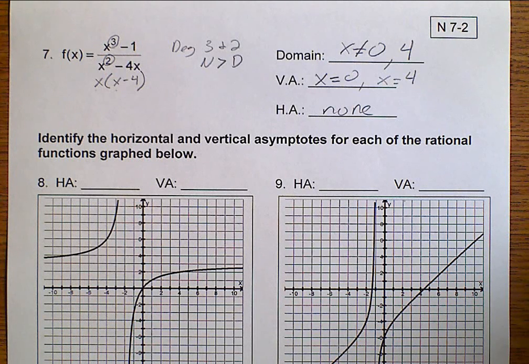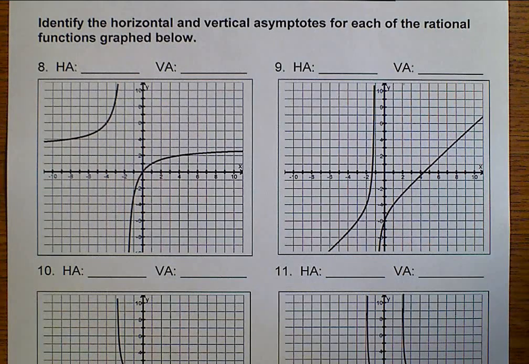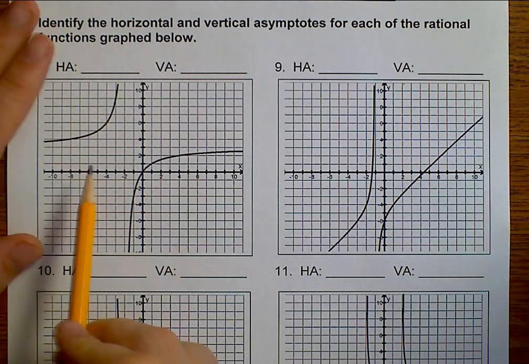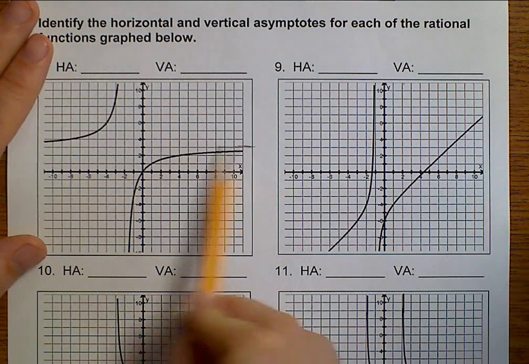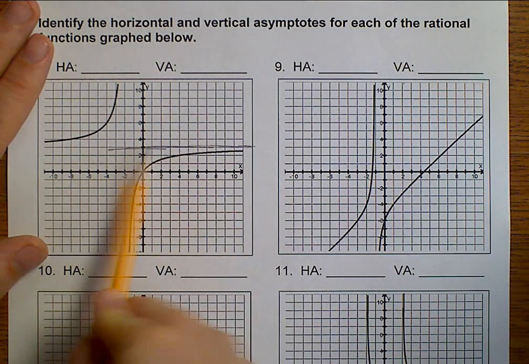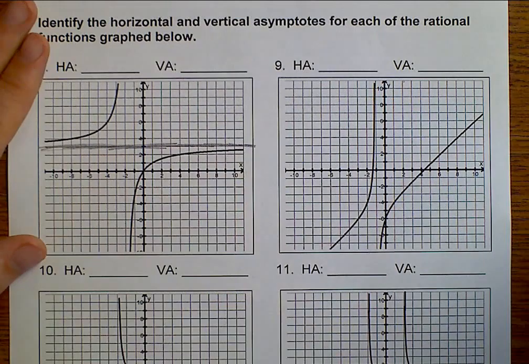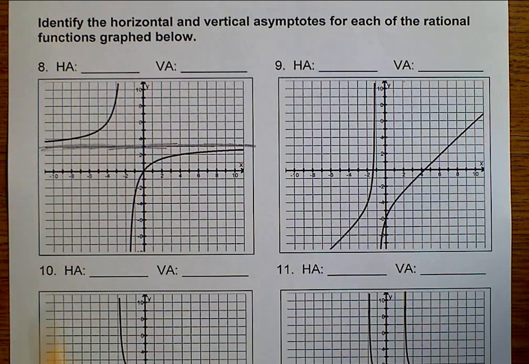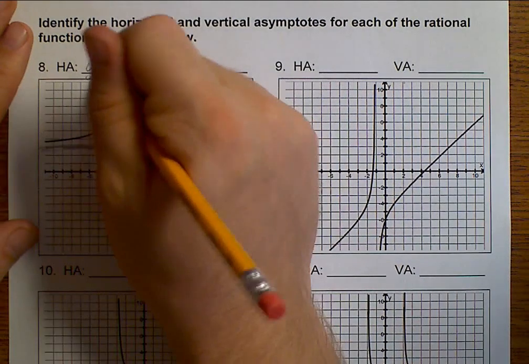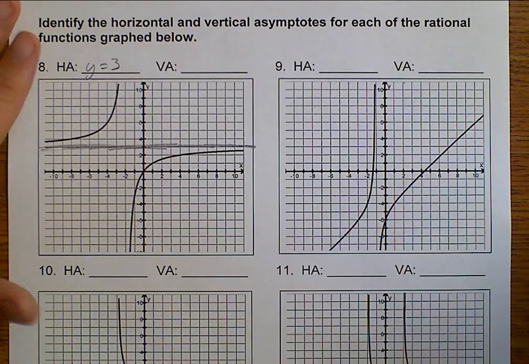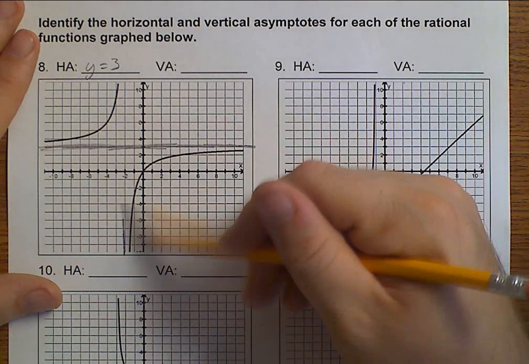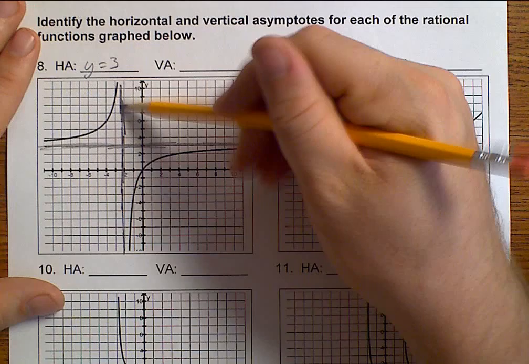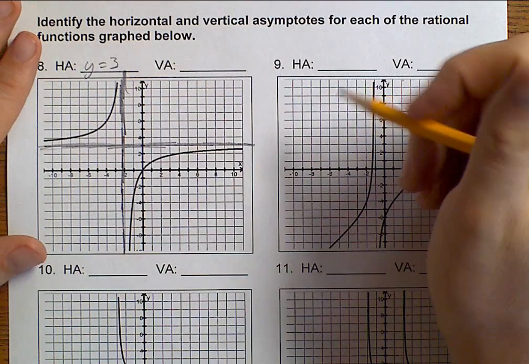Let's go ahead and look at some graphs. Here, we just want to figure out what our horizontal and vertical asymptotes are. So horizontally, there's our imaginary line that we don't cross, so that's at 3. And vertically, that's the line we don't cross, so that's at -2.